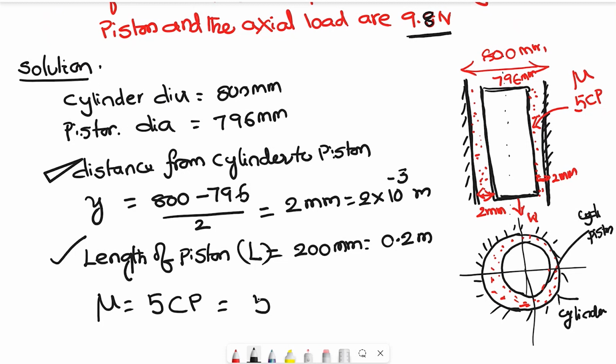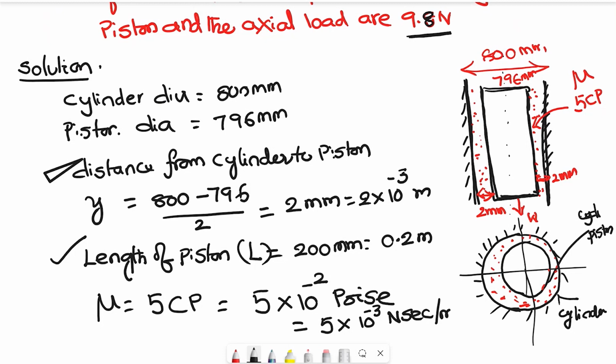What do you mean by 5 centipoise? 5 into 10 to the power of minus 2 poise. But poise, we are not supposed to use it in the equations. So it is 5 into 10 to the power of minus 3 newton second per meter square. Why that answer? 1 poise is equal to 0.1 newton second per meter square.